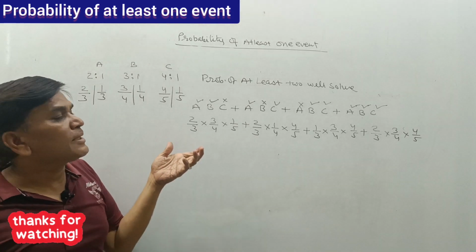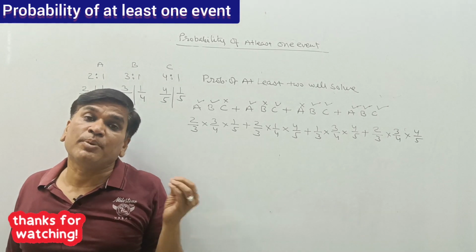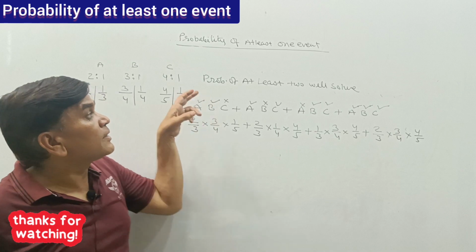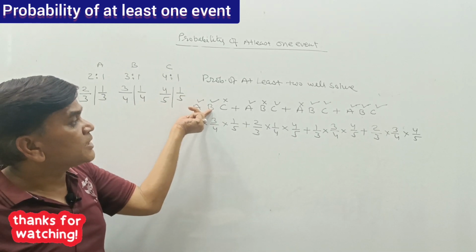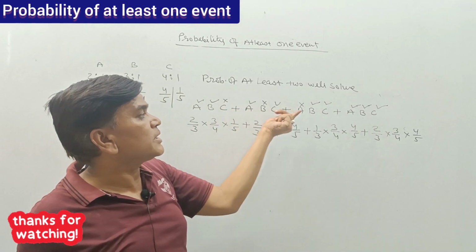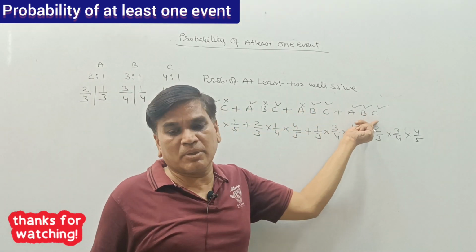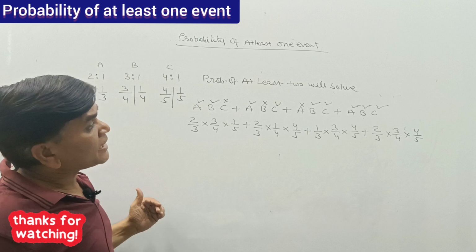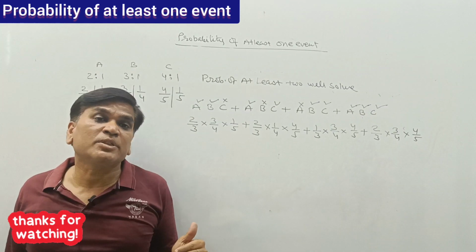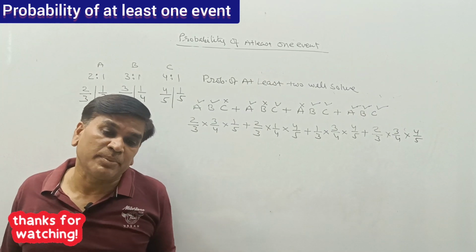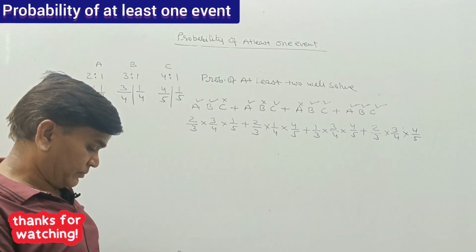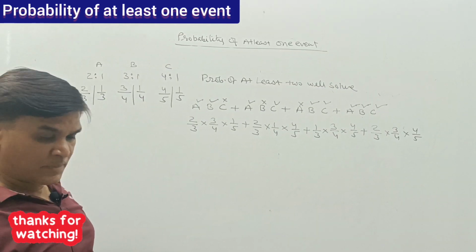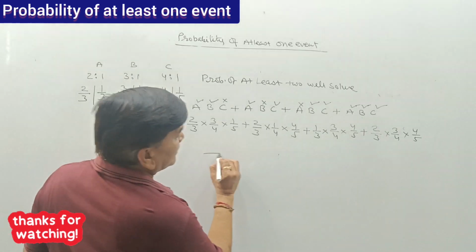So in this manner, if we are to calculate the probability of at least 2 events, then we go with this: these 2 may solve, these 2 may solve, these 2 may solve, or all 3 may solve, because at least means minimum 2 may solve, and all 3 can also solve. So the LCM is 60.